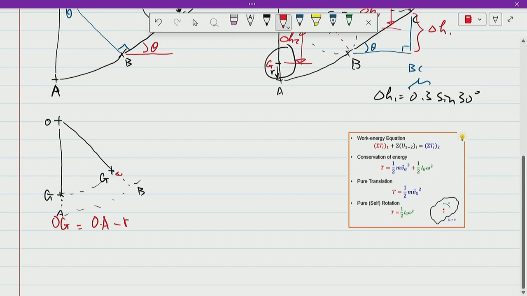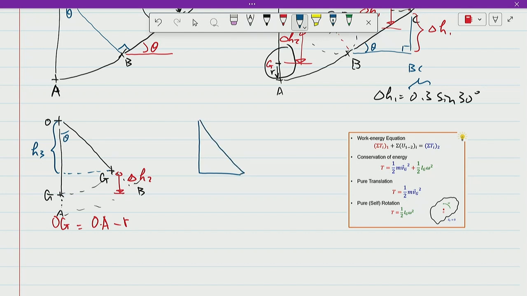And the idea is that this is your delta H2. But to find that, we also have to define a new height, our H3. And to find H3, that's not too bad.